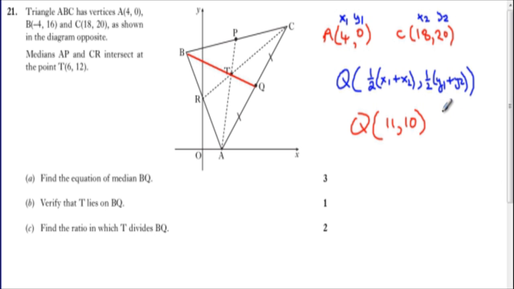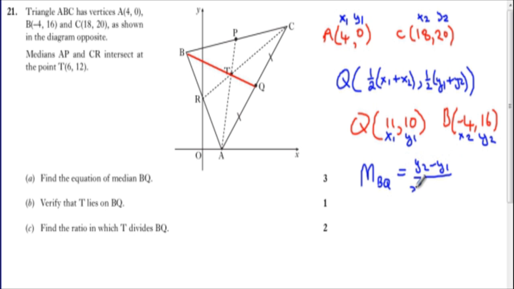If we now take the point B, which is negative 4, 16, we can work out the gradient of BQ by using the gradient formula. y2 minus y1 over x2 minus x1.